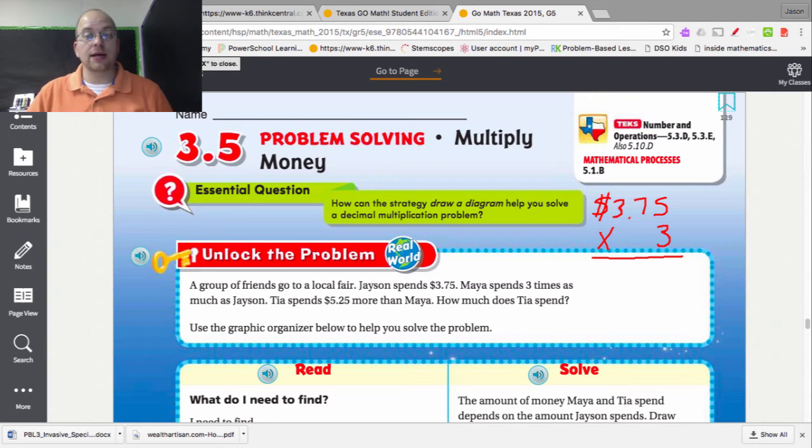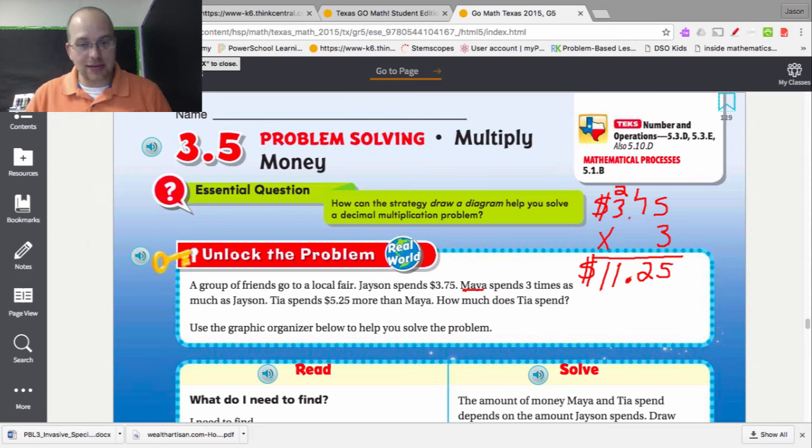Let's just multiply it using the place value. 3 times 5 is 15. 3 times 7 is 21, plus the 1 is 22. Carry that 2. And 3 times 3 is 9, plus 2 is 11. And we have 2 decimal places in the top, so 1, 2, it's $11.25. That's how much Maya spent.